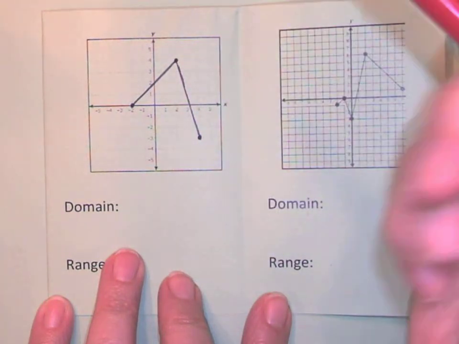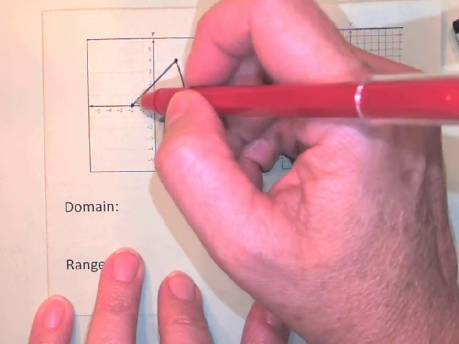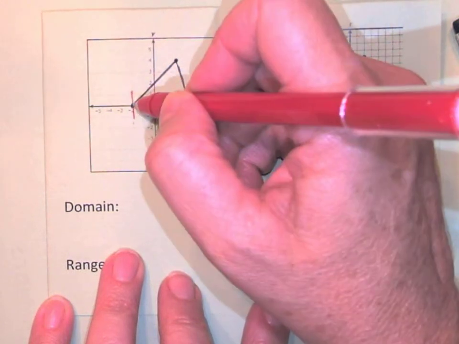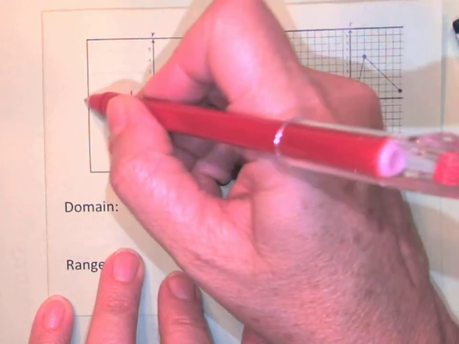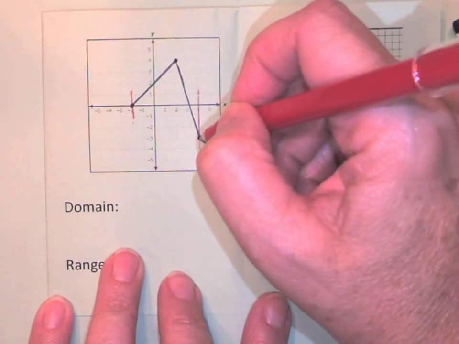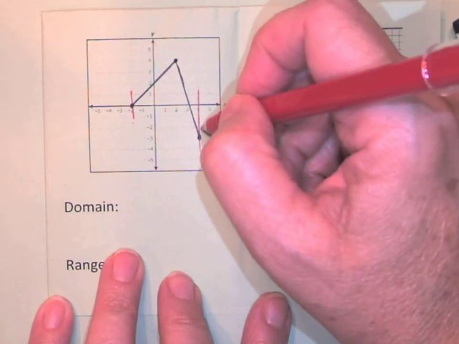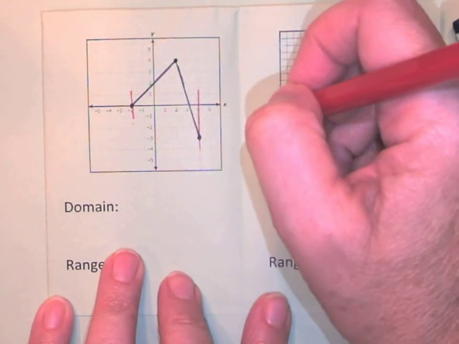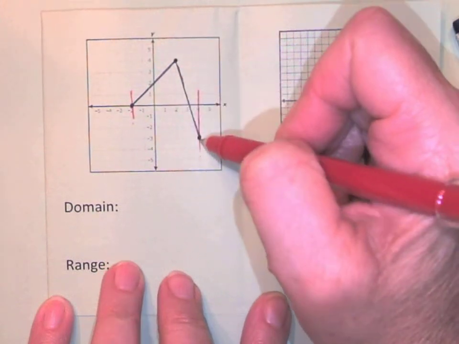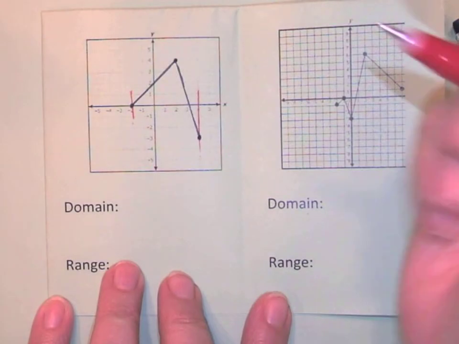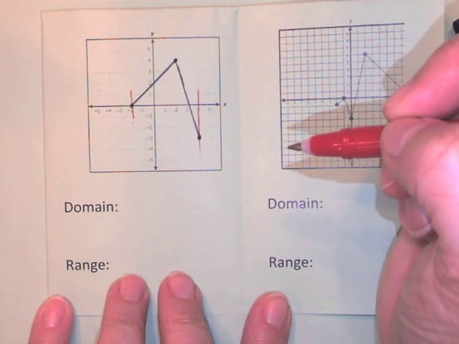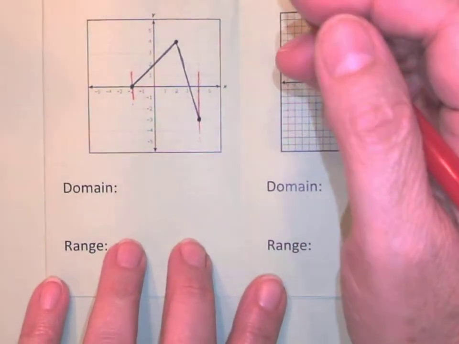Let's talk about what is the smallest x ever gets. Well, this negative 2 is like a left boundary. There are no x's less than negative 2. Over here, the right boundary would be 4. That's the biggest x ever gets. So all the x values between negative 2 and 4 are included on this connected graph. We have to find a way to show that.